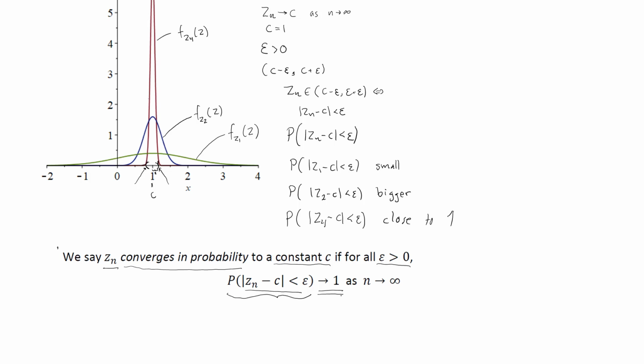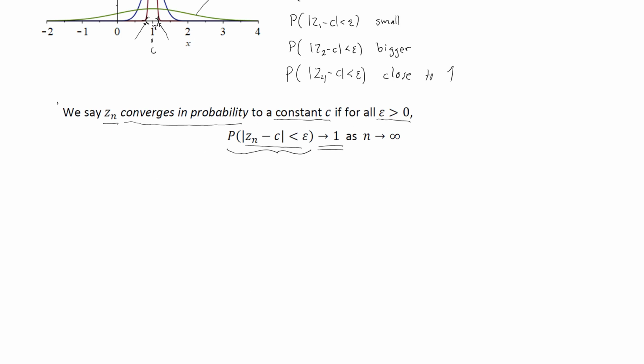No matter how tiny you make this interval, the entire mass of Zn will eventually be inside that interval as n goes to infinity. This is an idea used so much that we have special notation for the case, and we are going to write that the plim of Zn is equal to c. Plim is short for probability limit.